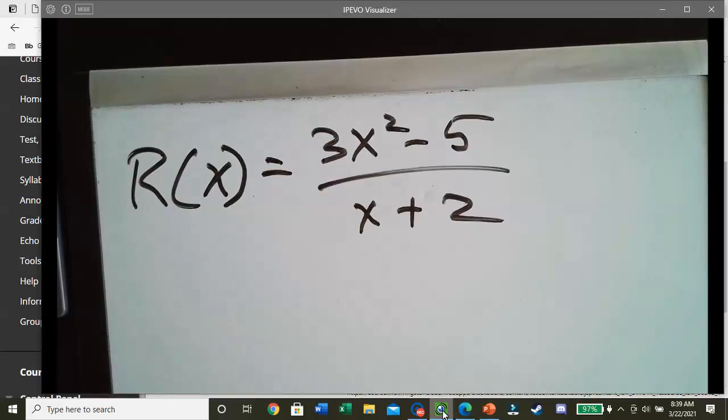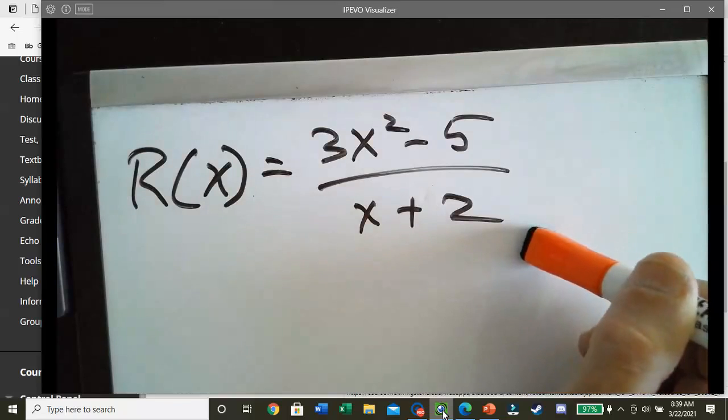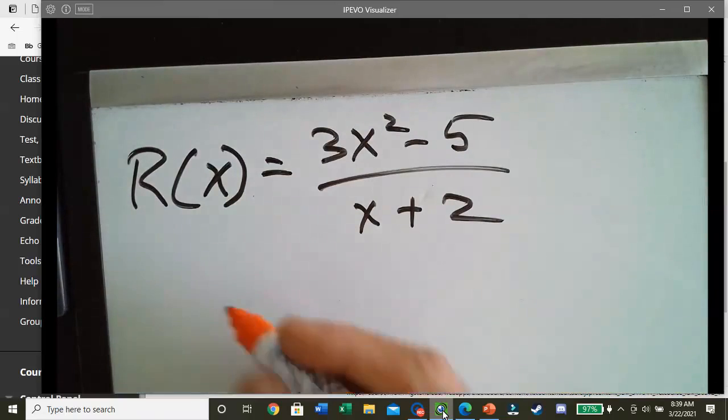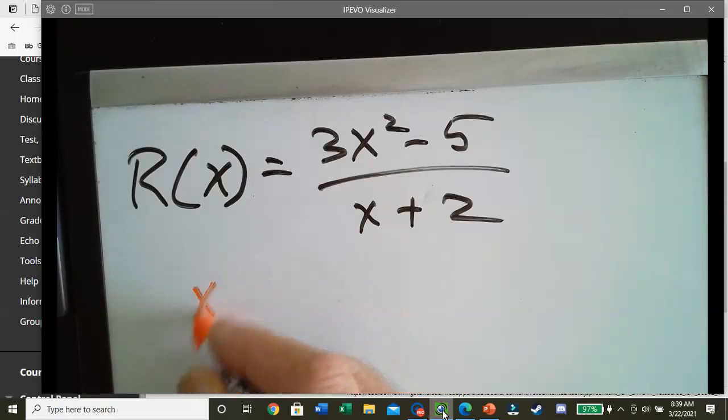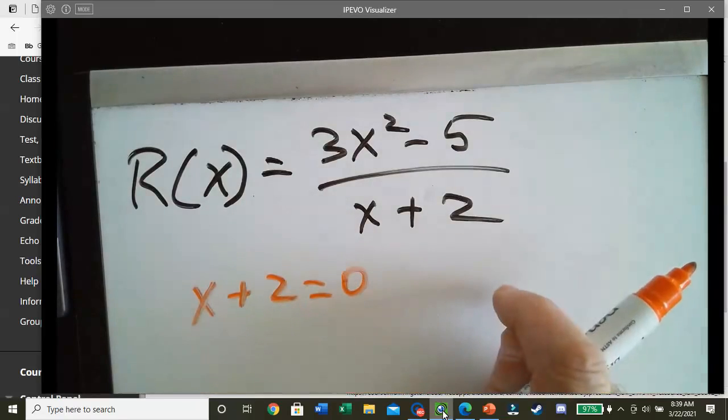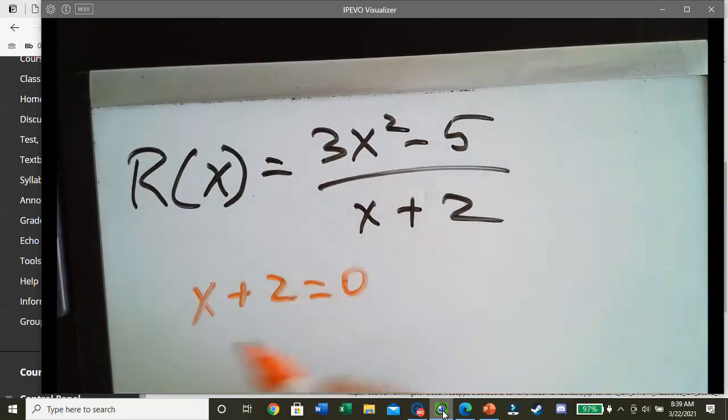So when we have x in the denominator, how do we find the domain? Set it equal to 0 and solve. Good. So we put x plus 2, just the denominator, right?